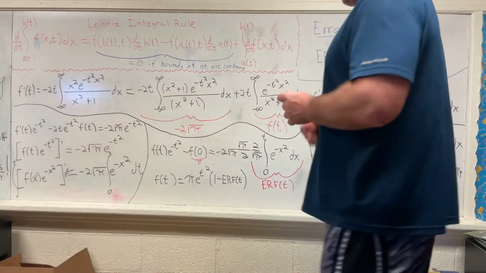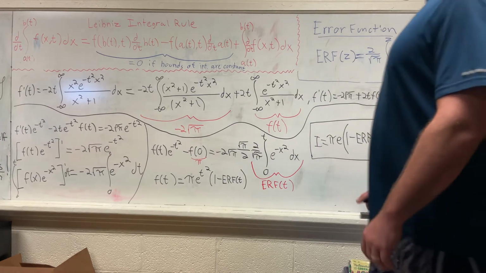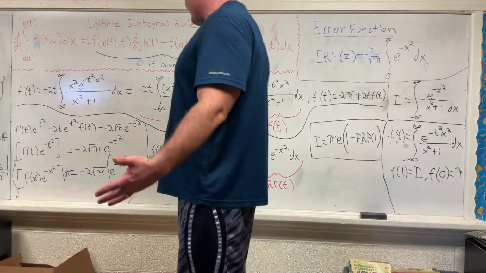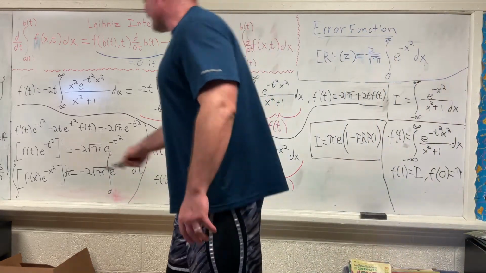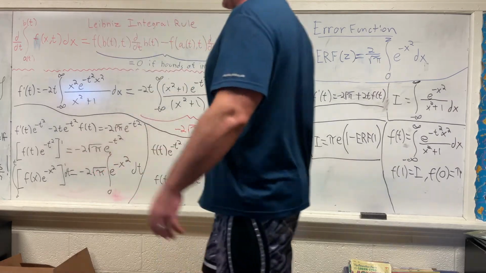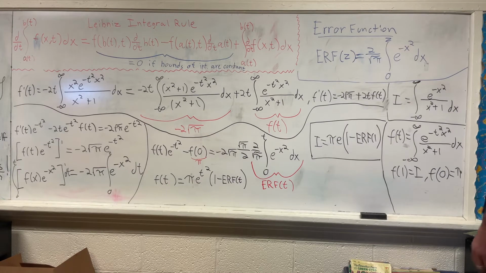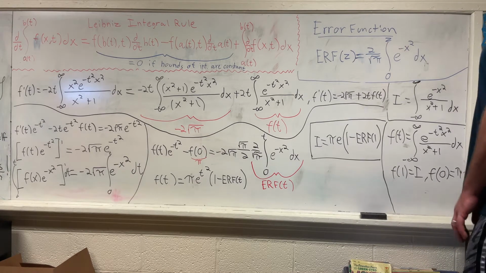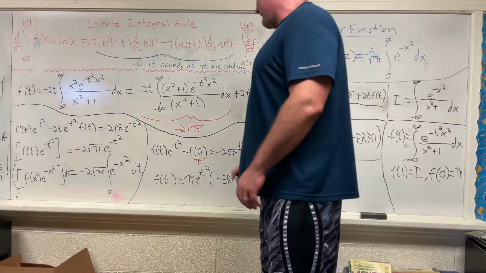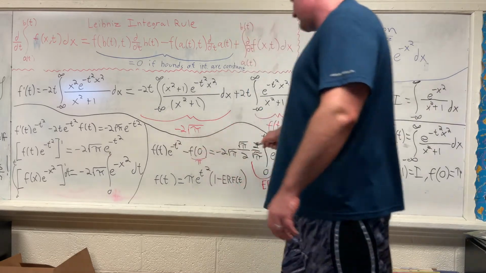Sorry for my writing, but you know that's something you can do. That's valid. Since this is equal to this, then you can integrate both sides of the equation from 0 to t with respect to t. And what happens if you do that is this.